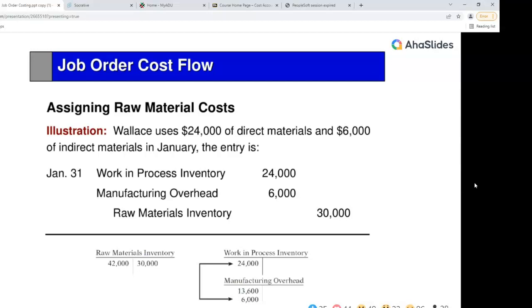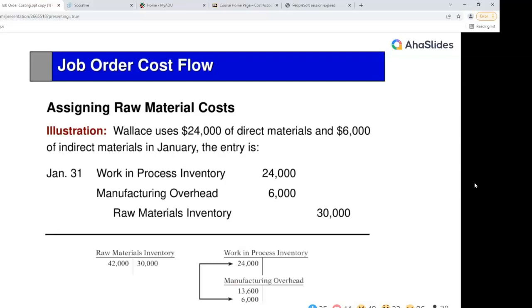Okay? So this company uses 24,000 of direct materials during the month of January. That's what came out of raw material, 24,000. But they also had 6,000 of indirect material: glue, nuts, bolts, what have you. So all of that came out of raw material.